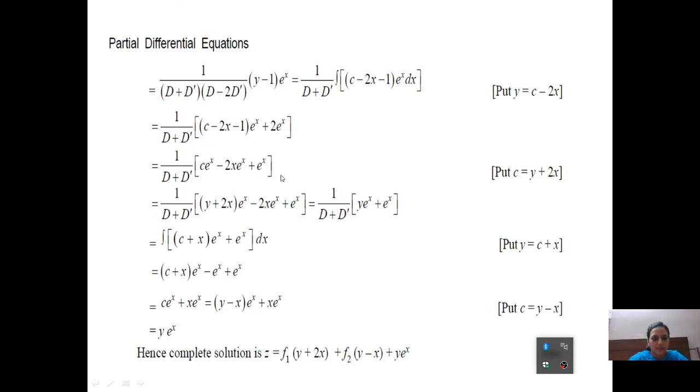After solving this, the simple integration is done, actually nothing special. After solving this, we place c minus 2x back as y, and after placing this, we simply solve the equation. Simply plus and minus we have done there.